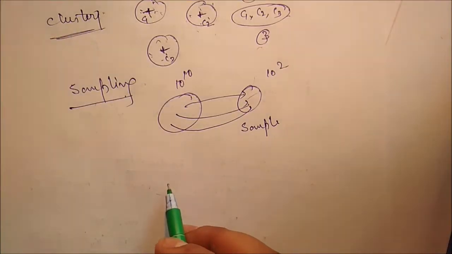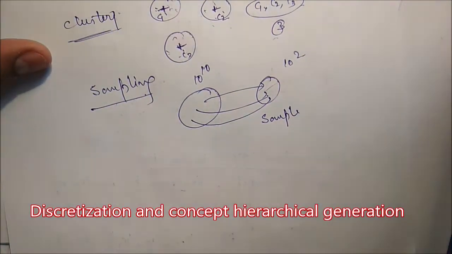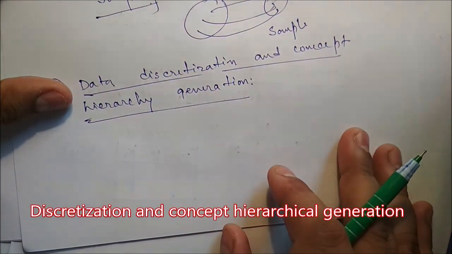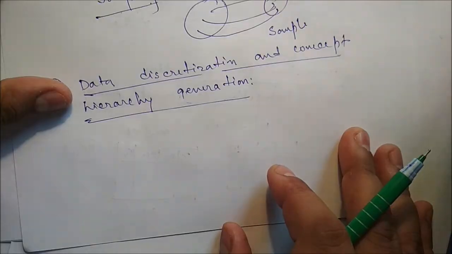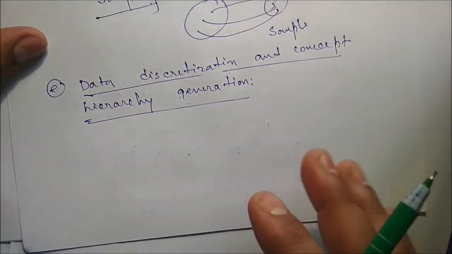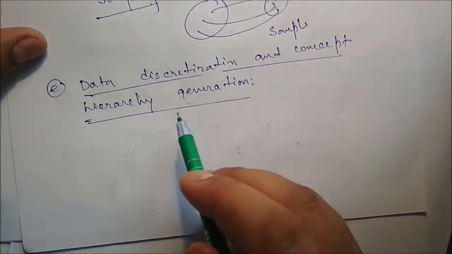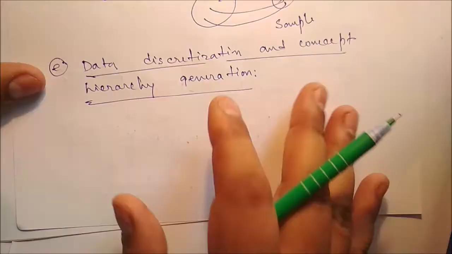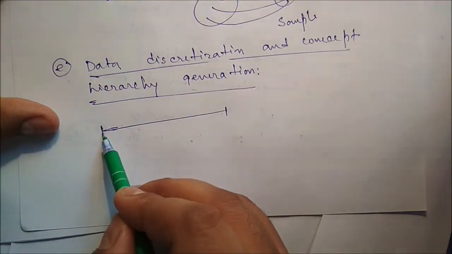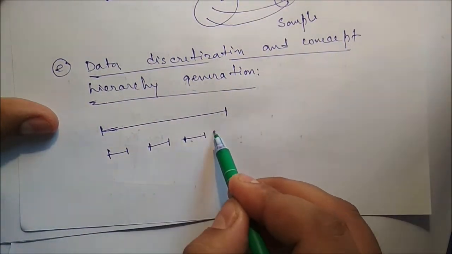Next is data discretization and concept hierarchy generation. It is a very simple concept. Here we just discretize the data. We will prepare a separate video on concept hierarchy generation and data discretization. In data discretization, suppose one continuous data is there, we break it into small parts.